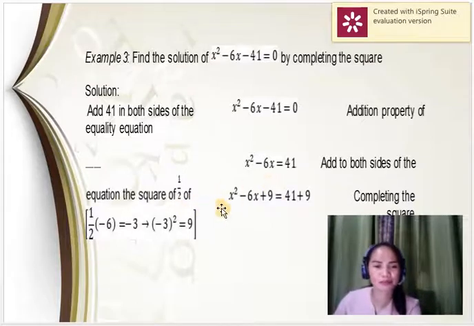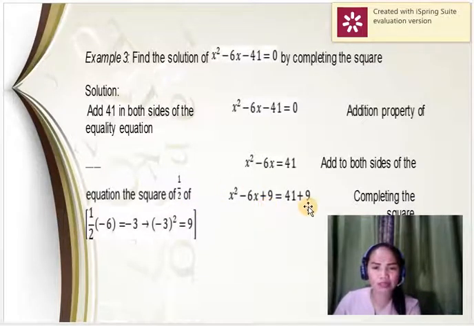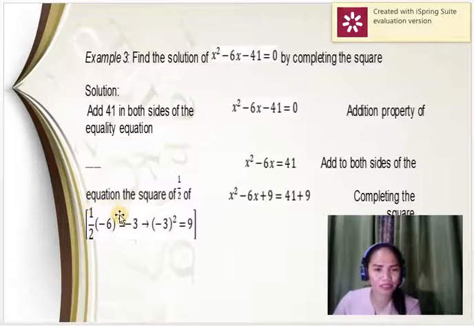Okay, there you go. So where did the positive 9 here and here come from? To get that 9, we have to square one half of the middle term, which is negative 6.